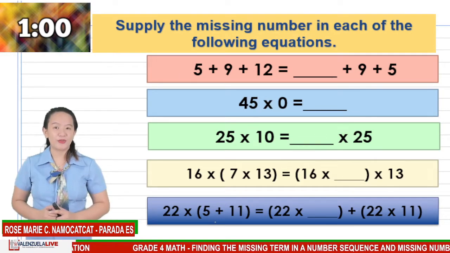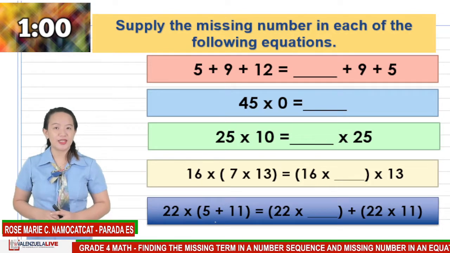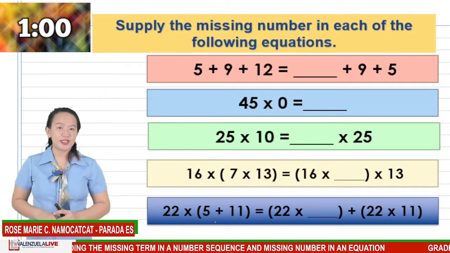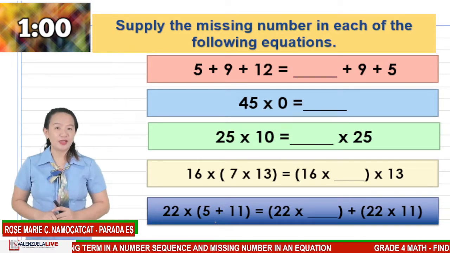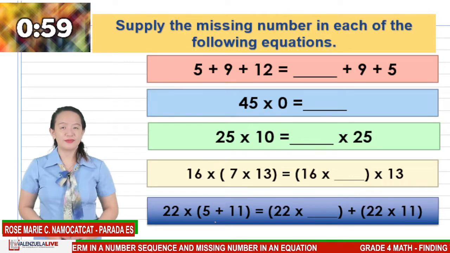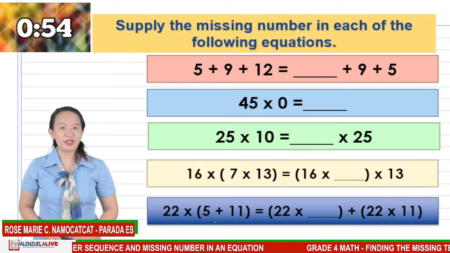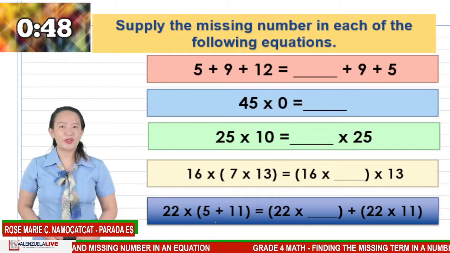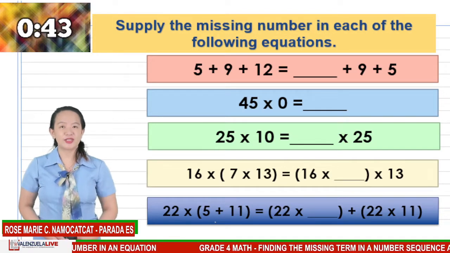And for the last, number 5, 22 times open parenthesis 5 plus 11 close parenthesis is equal to open parenthesis 22 times blank close parenthesis plus open parenthesis 22 times 11 close parenthesis. Again, I'll be giving you 1 minute to do these activities. Try to recall the different properties of operations that we discussed a while ago, so that you can easily supply the missing number in each of the following equations.